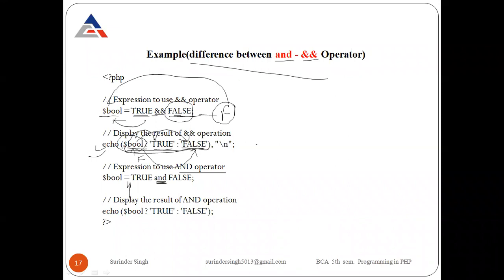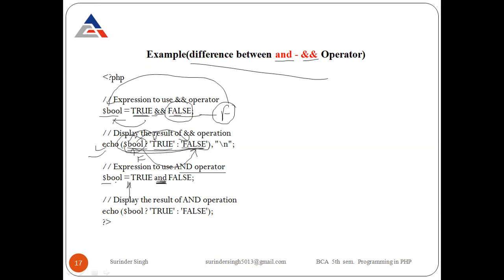Precedence means priority of the operator. It decides which operator to evaluate first. The operators which have higher priority will be executed first. Now the AND operator has lower priority than this assignment operator.